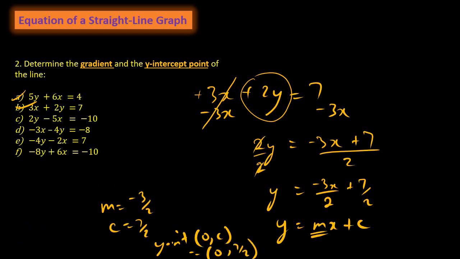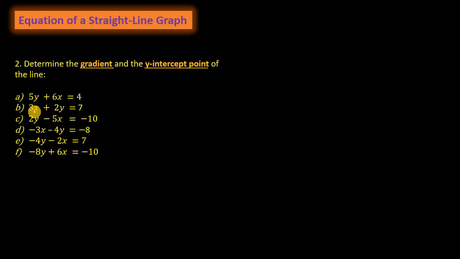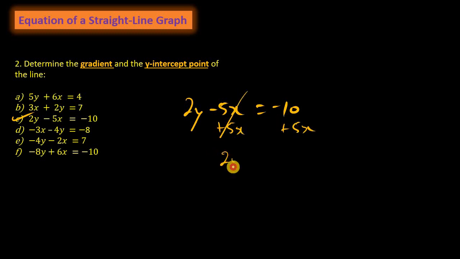Next, let's look at the next question. Number 2C. 2y minus 5x equals negative 10. Of course, we want to isolate the y on the left, so we need to get rid of this minus 5x. So we use plus 5x, which is the reverse, to get rid of it. And so we're going to have 2y on the left. Put the x term first, which is a positive 5x.